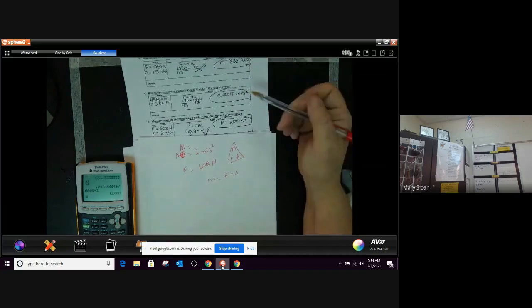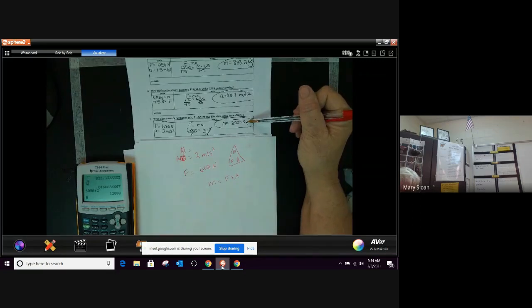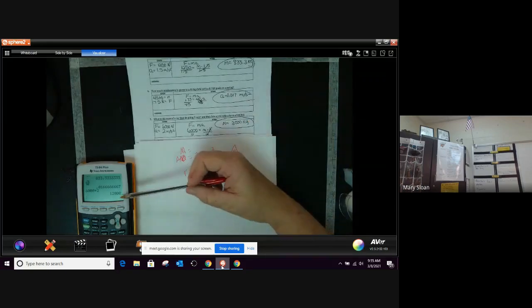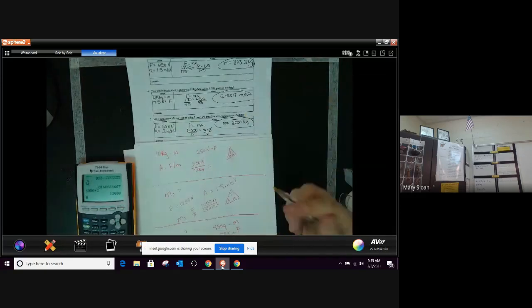Well, hold on a second. My answer is not the same. What did I do wrong? I did something wrong because my answer is 12 and this says it's 3. Well, my equation is force, mass, and acceleration, not what I wrote down.